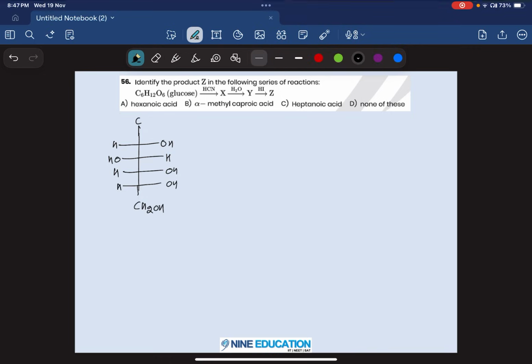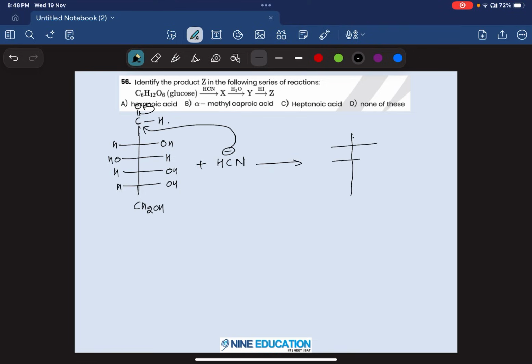C double bond O H. This is what is happening here. And to this compound, what are we adding? Hydrogen cyanide, which is a nucleophile. It undergoes nucleophilic addition reaction because there is an aldehyde group. Cyanohydrin is formed as the product.